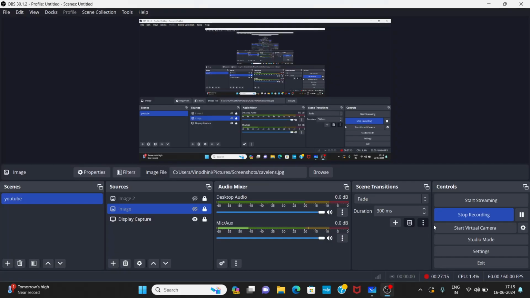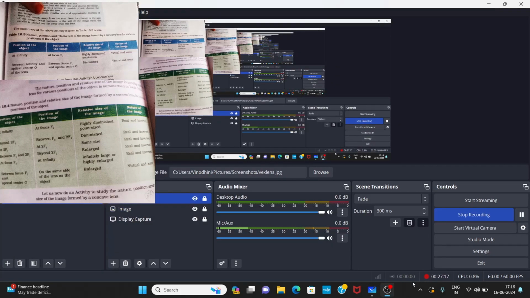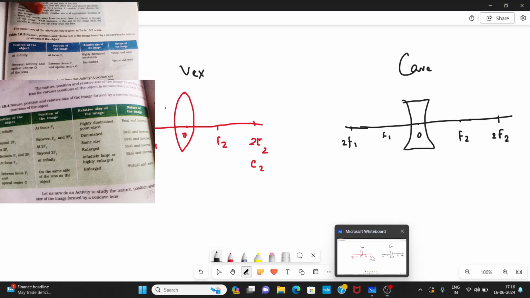Alright. I have given you a common diagram. Now look at the tabular column. It says if you keep the object beyond or at infinity. So if you are keeping the object here at some place at infinity, then you'll get the image of the object at the focus.